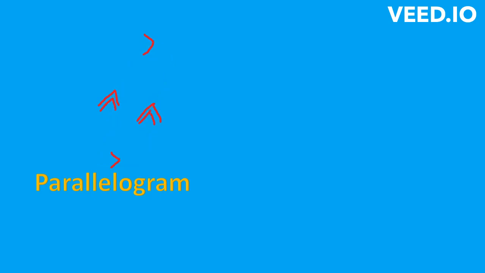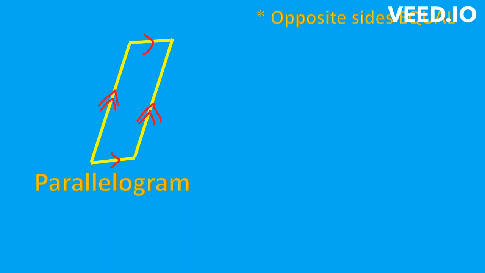This is what we call a parallelogram. In a parallelogram, the opposite sides are parallel to each other. See how they go together with the same slope? The opposite sides are also equal.